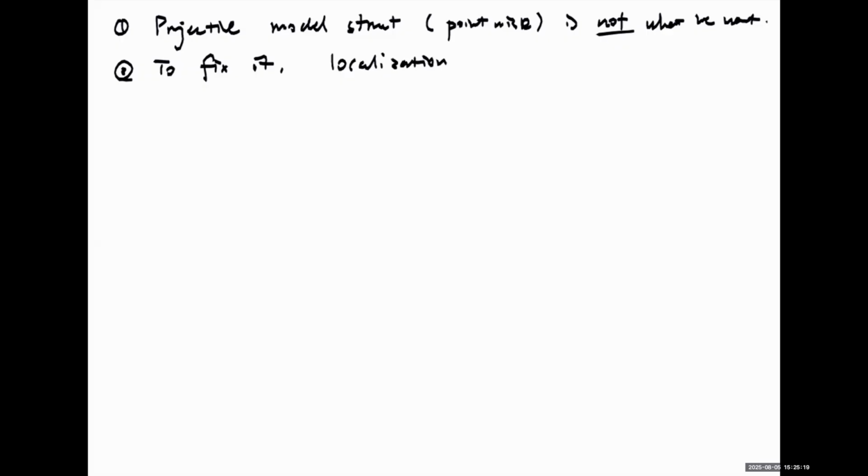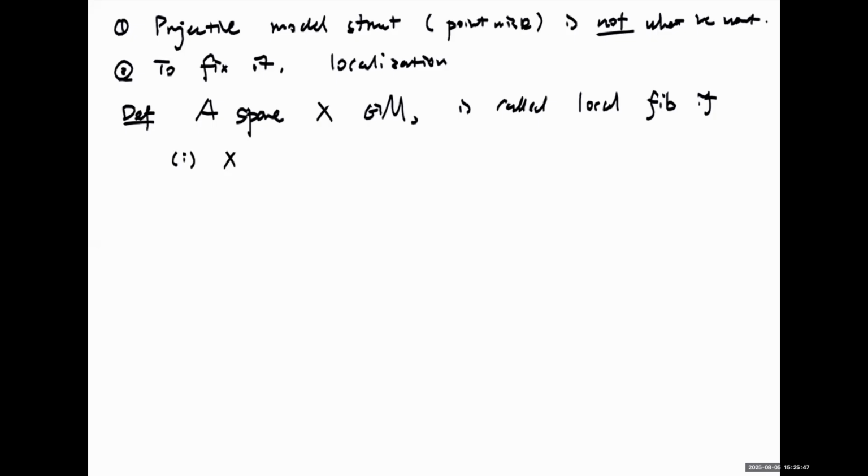Let me just throw out the definition. A space X, and when I say space, it's always a motivic space, is called local fibrant if the following is satisfied. First, X of the empty set is the point, so it preserves the base point.